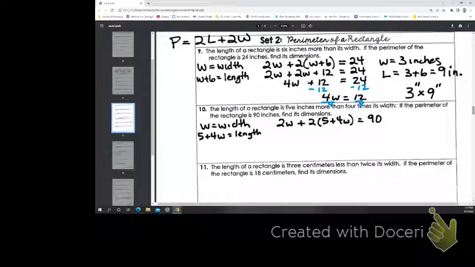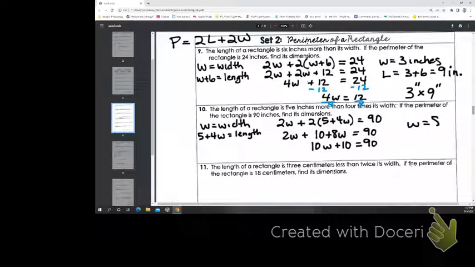So all together, let's see, 10 and 8W. Get those W's together. Combine those like terms. Then we've got our two-step equation. We'll subtract and then divide.